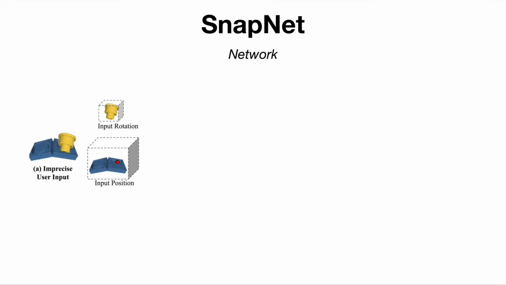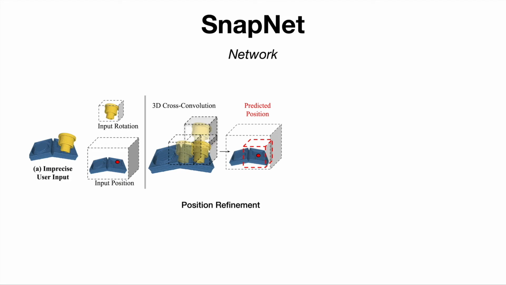Here are the details about SnapNet. Given an imprecise user input, SnapNet first performs a position refinement using deep convolutional neural networks. SnapNet uses the dense feature volume of the object as the kernel to perform 3D cross-convolution on the dense feature volume of the kit to obtain a predicted score for each 3D position.